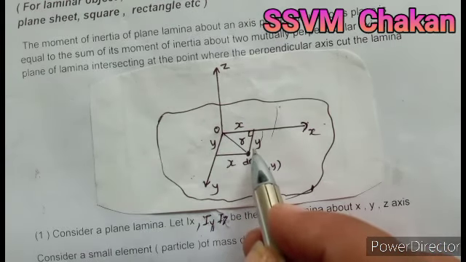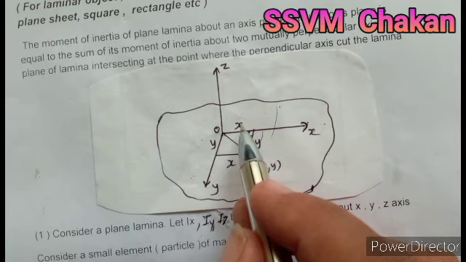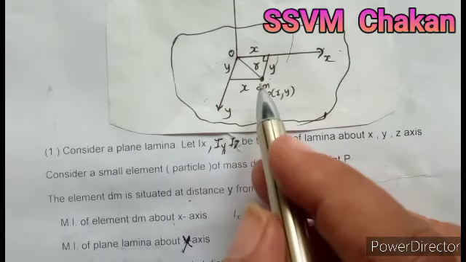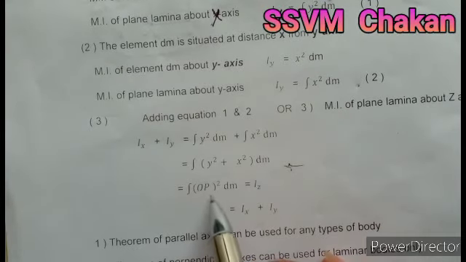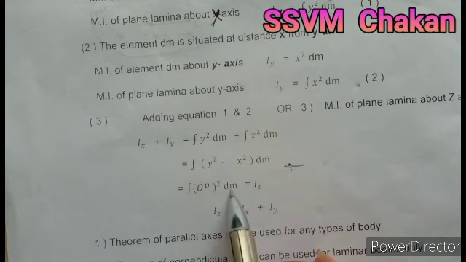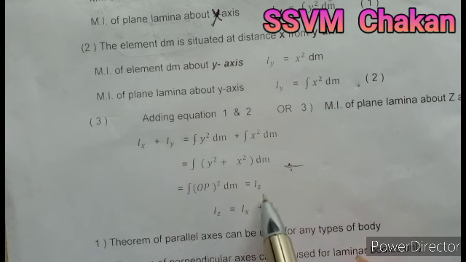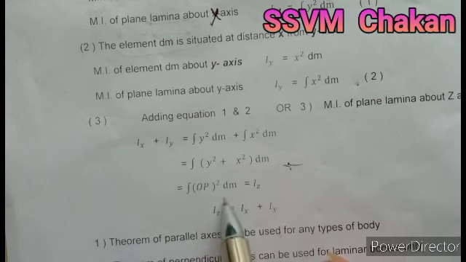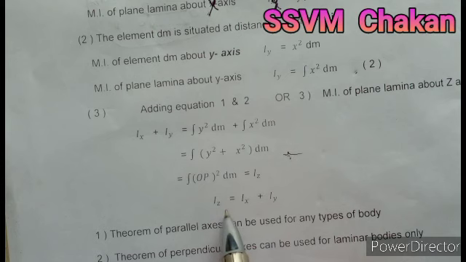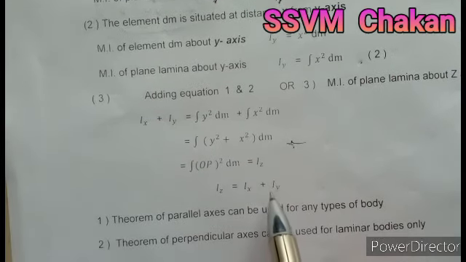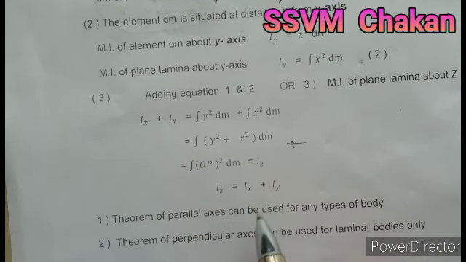So using Pythagoras, y square plus x square gives r square, which is nothing but OP square. So integration OP square dm, where OP is the distance of mass dm from the z-axis, and this integration gives the moment of inertia of the lamina about the z-axis, which is Iz. So Iz is equal to Ix plus Iy, and that is the proof of this theorem.